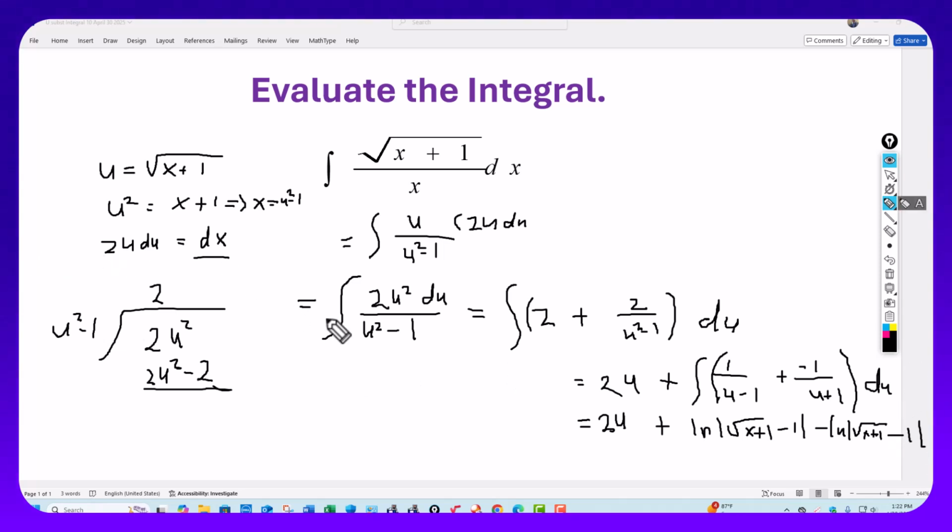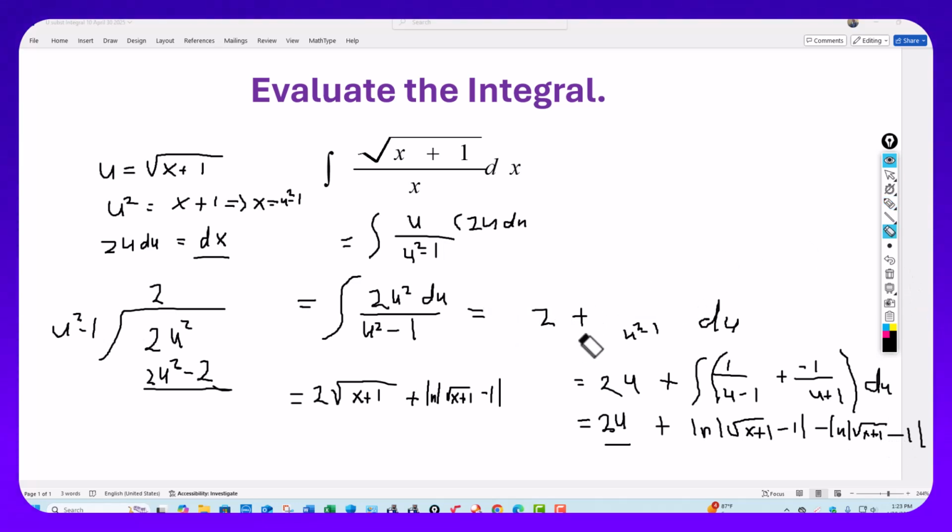So to finish it, this is going to equal 2 times u, but u is the square root of x plus 1. And then it's plus the natural log of the absolute value of the square root of x plus 1 minus 1.